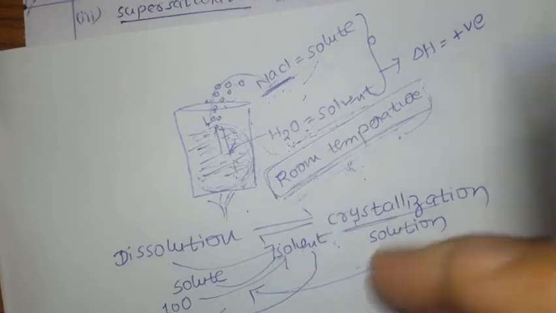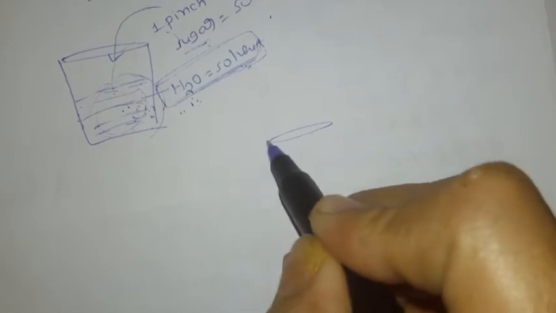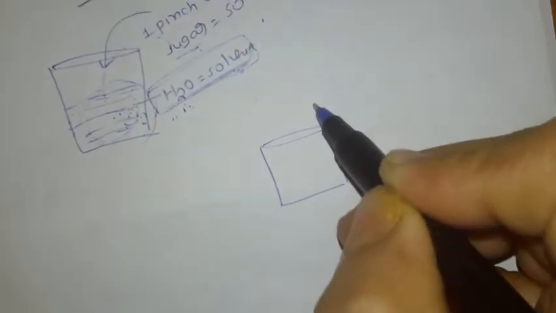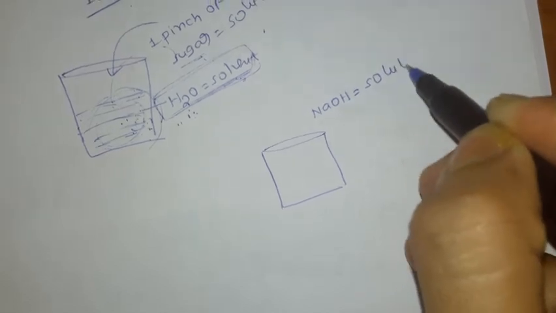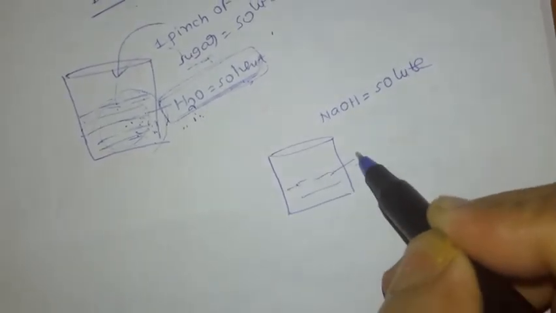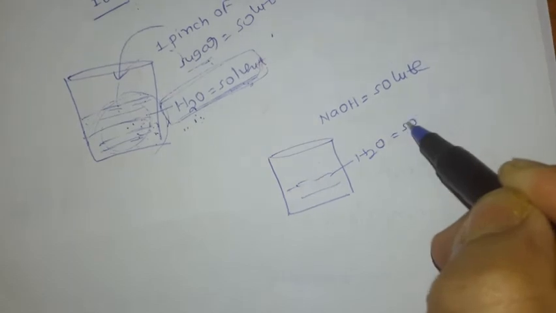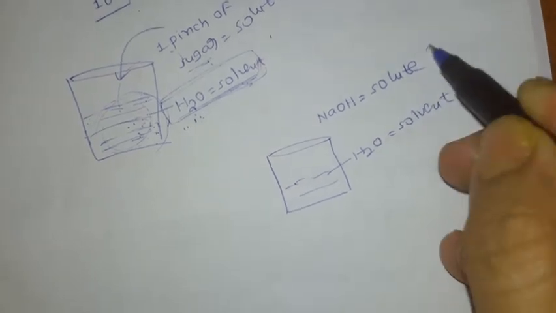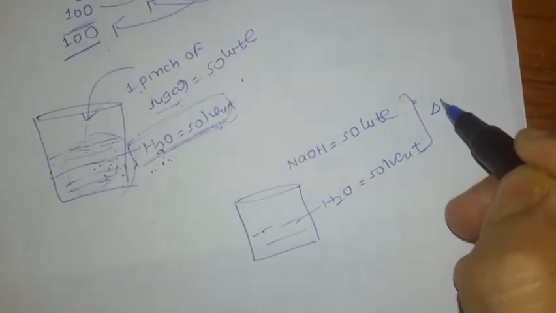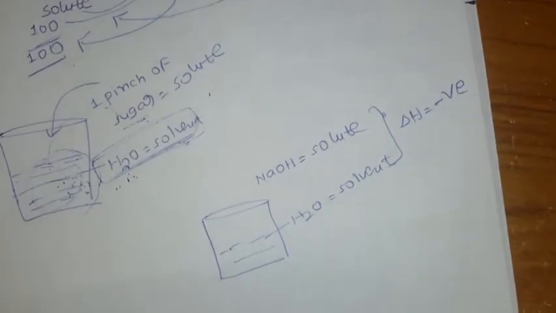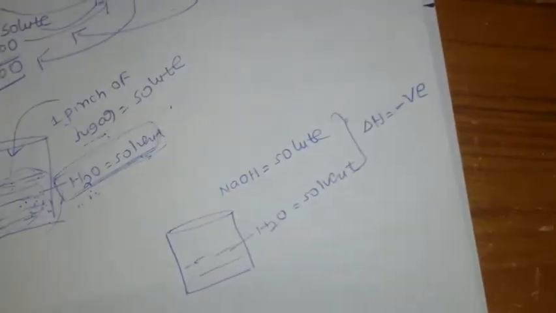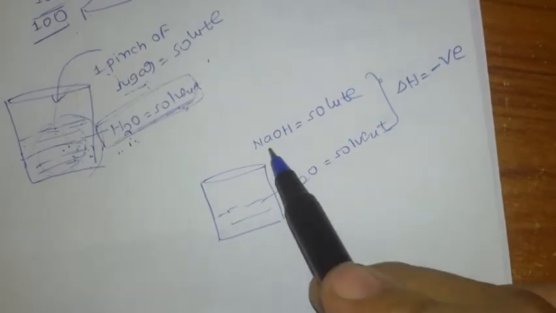Next, consider an exothermic reaction. If you take a beaker with sodium hydroxide as the solute and water as the solvent, the reaction between these two is an exothermic process. Exothermic means delta H is negative, as we already discussed in thermodynamics.